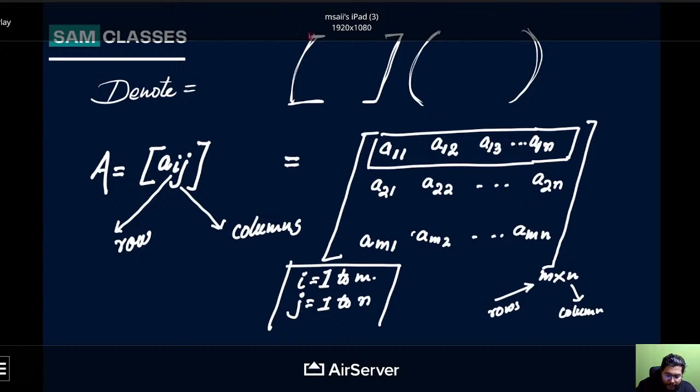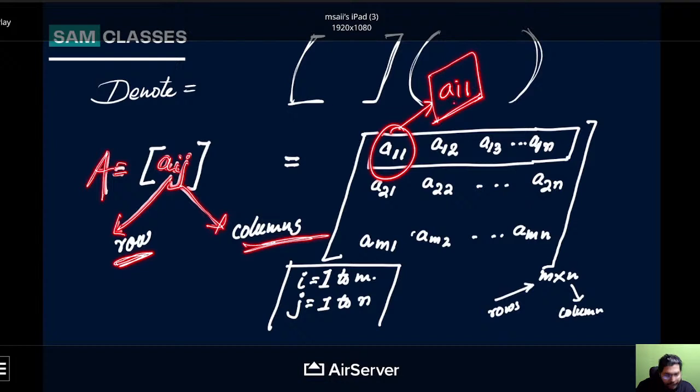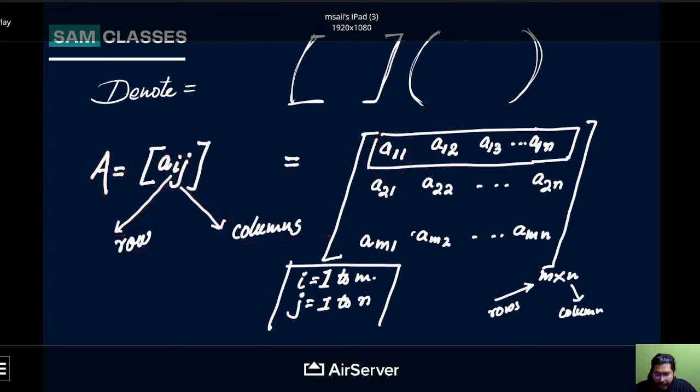Whenever we write a matrix, we can use this bracket or this bracket. A matrix A is written as A of ij, where i denotes the row number and j denotes the column number. So when I write the first element A11, this element belongs to the first row and first column. A11 means first row, first column.